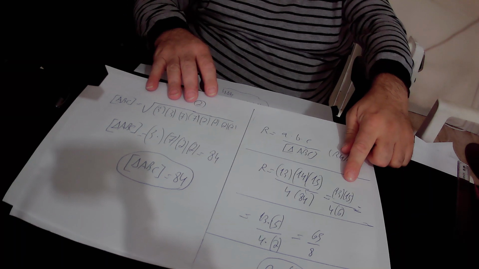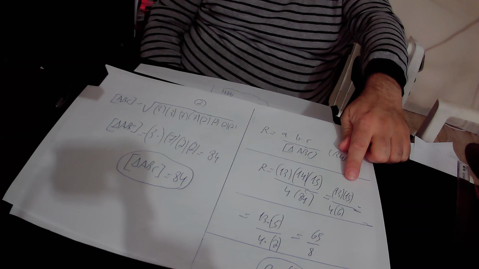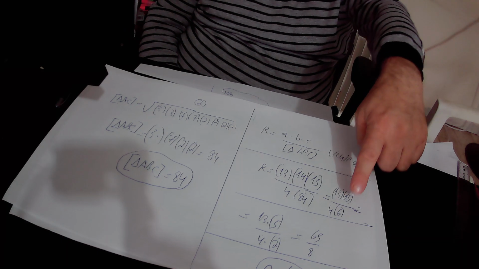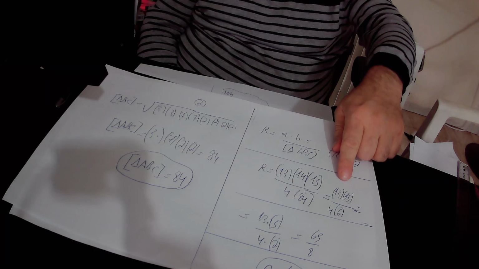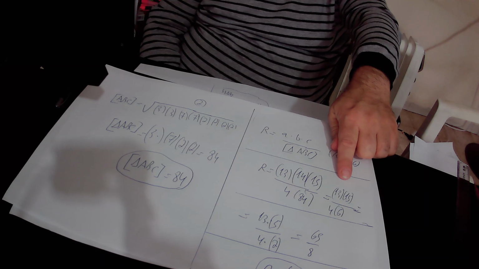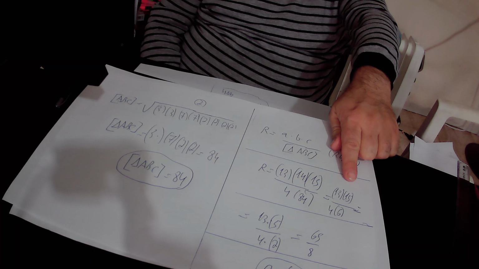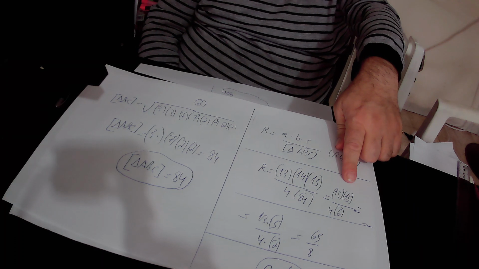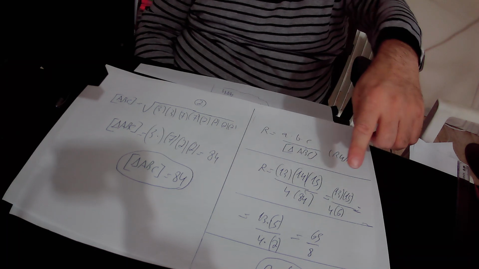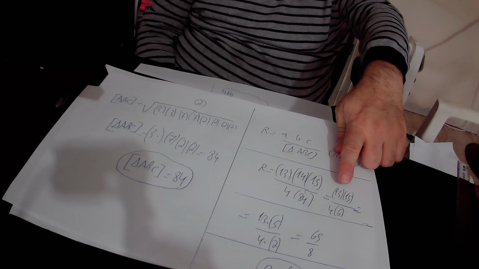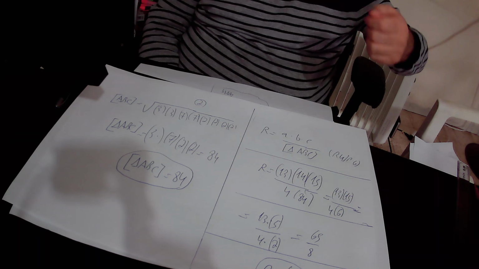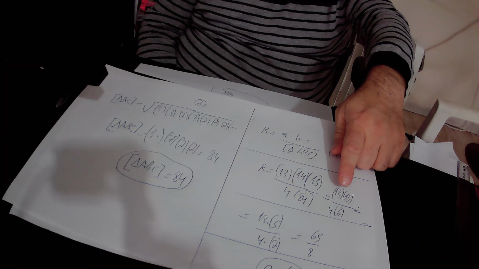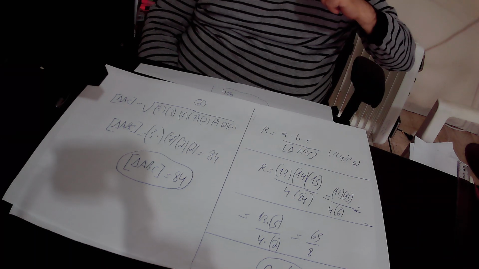Then we divided both the numerator and the denominator by 3. In the numerator, 15 over 3 is 5, so we have 13 times 5. In the denominator, 6 over 3 is 2, so we have 4 times 2.